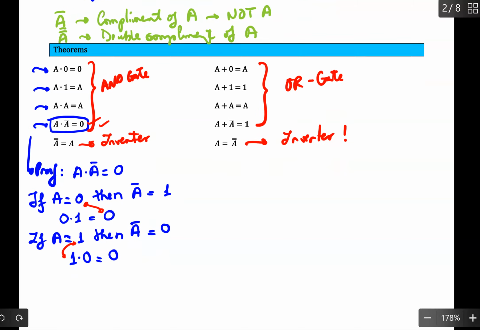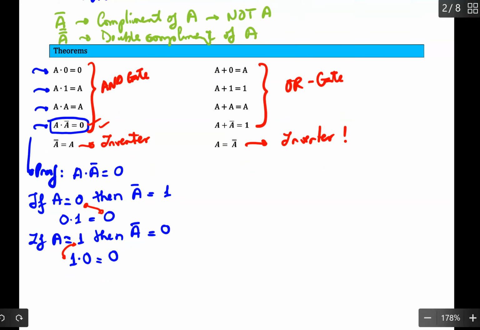Alright, okay. What about the inverter? So I have A, I put it through an inverter, then through another inverter. Let A equal to 0. Out of this inverter, you have 1. You put in another inverter, you switch it back to 0.